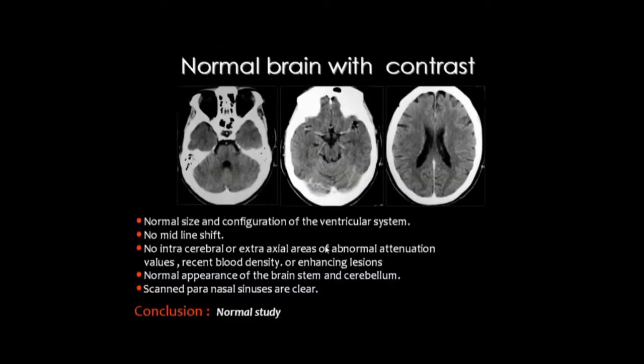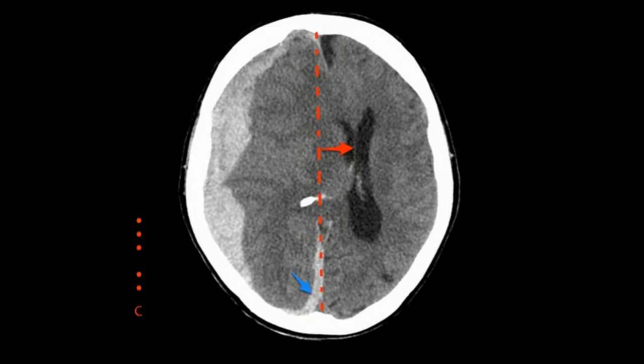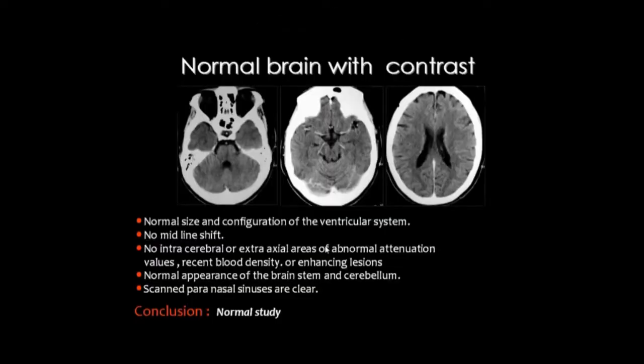What are the things we need to study while studying a normal brain with contrast? First, we see the normal size and configuration of the ventricular system. No midline shift, no intracerebral or extra-axial areas of abnormal attenuation values, whether recent blood density is there or not, or enhancing lesion.